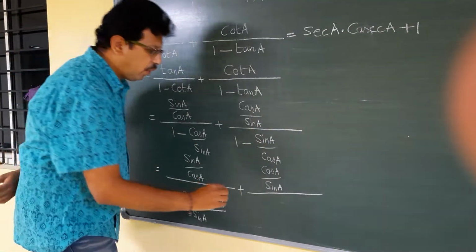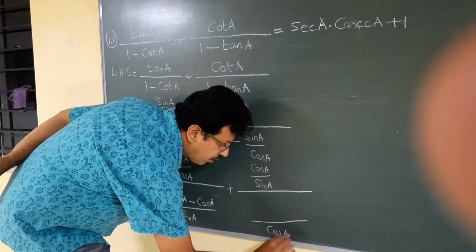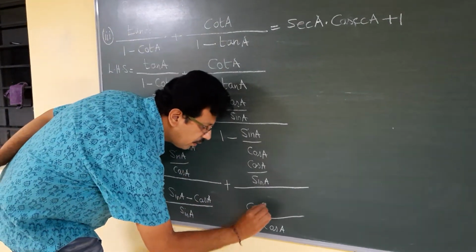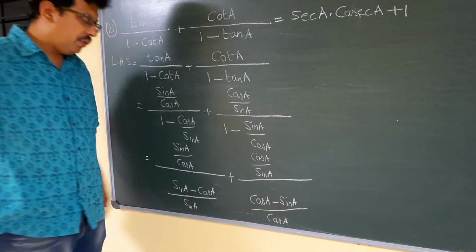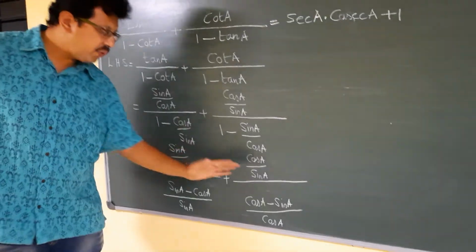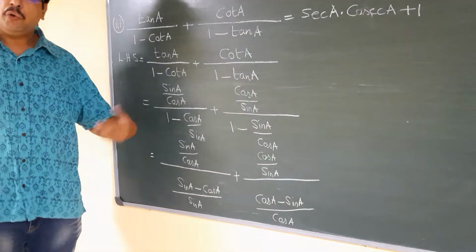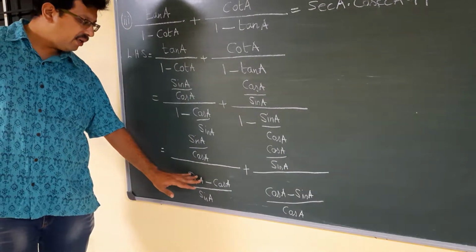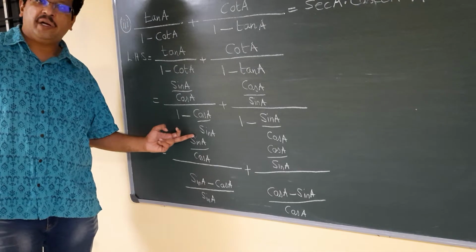The LCM is cos A. Cos A into 1 is cos A minus sin A. Taking the LCM in the denominator part is very important for this type of sums. After this step, all of you know very well, we should take a reciprocal. That is, numerator will come to denominator and denominator will go to numerator.